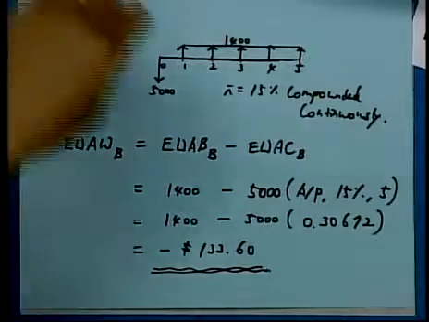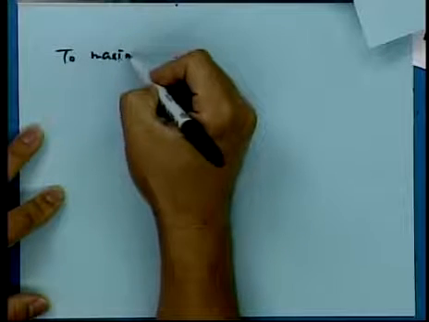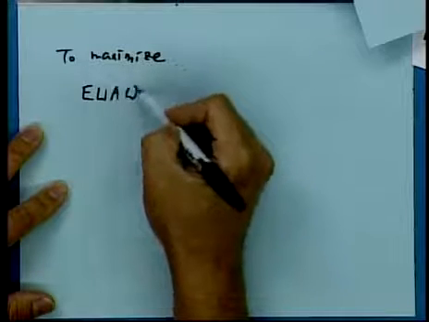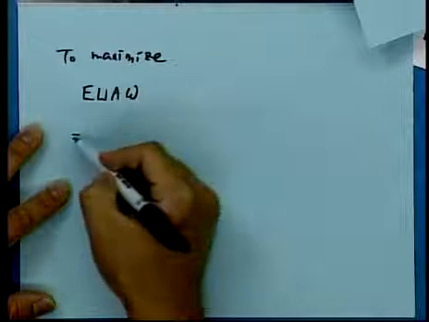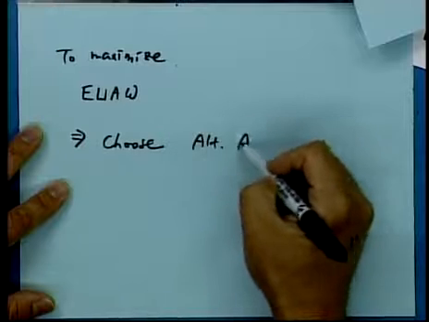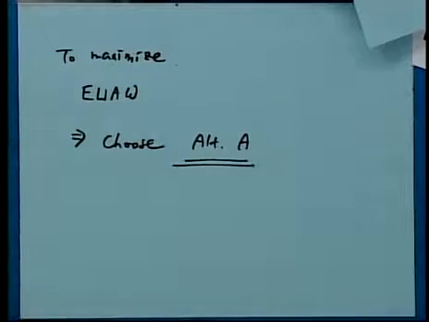So in order to maximize equivalent uniform annual worth, you need to choose alternative A because it provides less negative value. Okay, so there is problem 6-46.